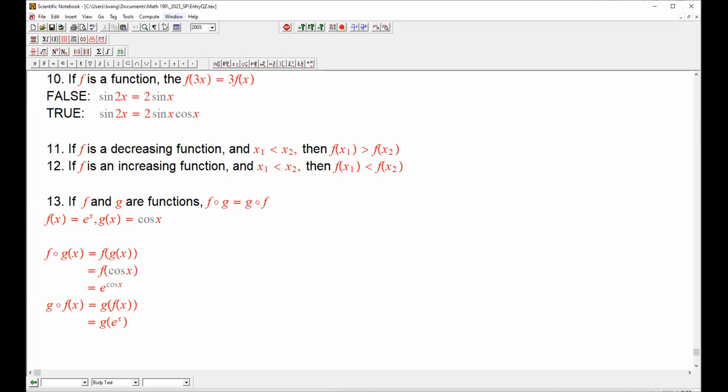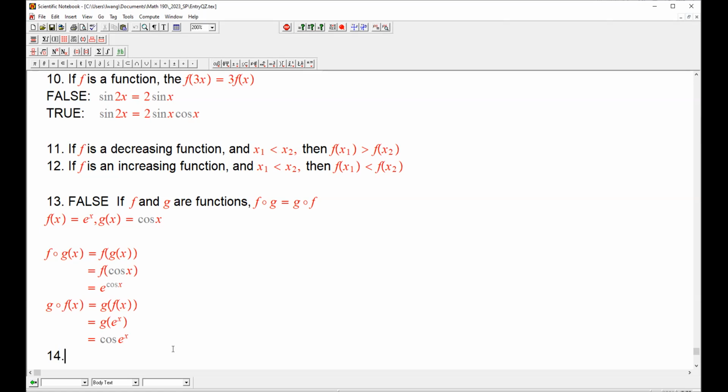And g of e to the power x is going to be cosine of e to the power x. Are they the same? No. They're not the same. So this statement is false.